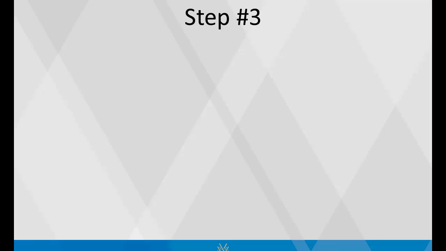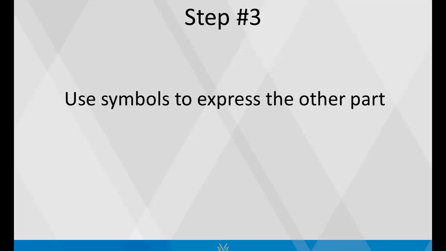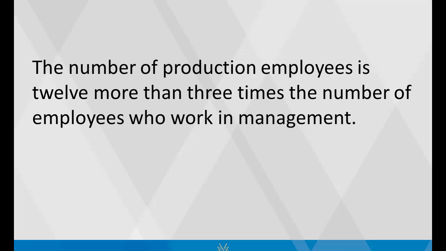The third step is to use symbols to express the other part, which in this case is the production employees. Again, the second sentence says, the number of production employees is 12 more than 3 times the number of employees who work in management.